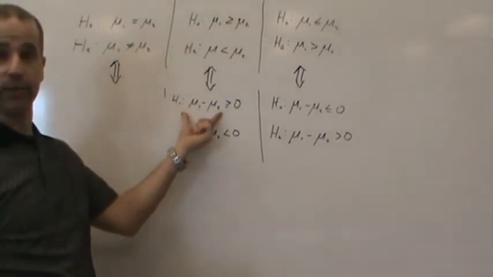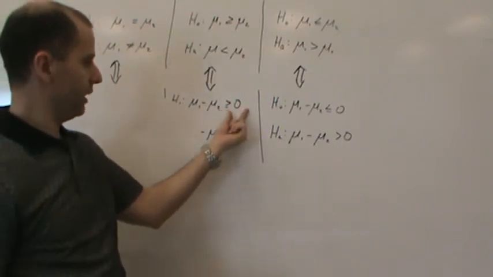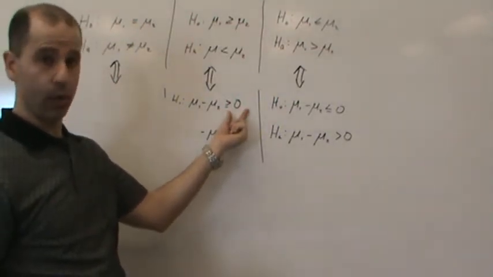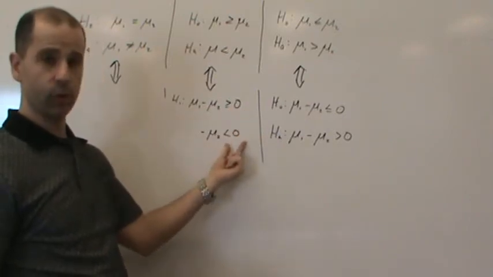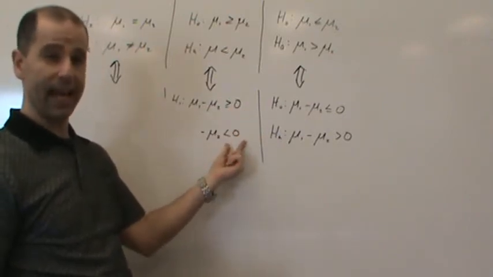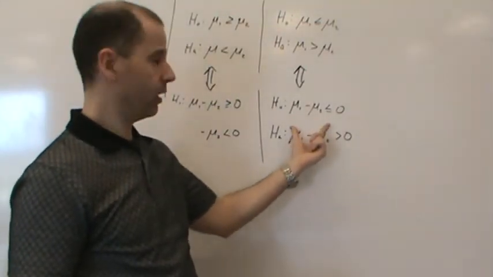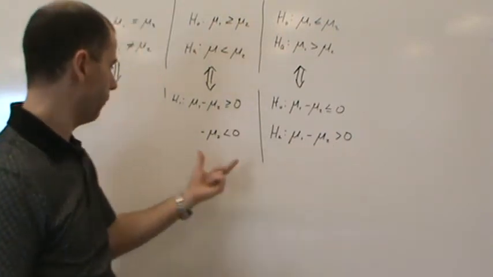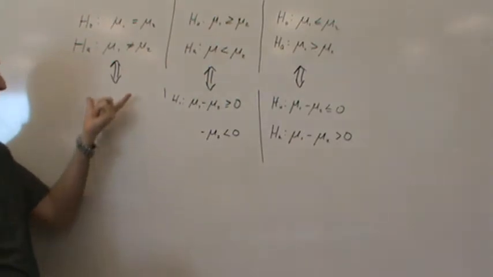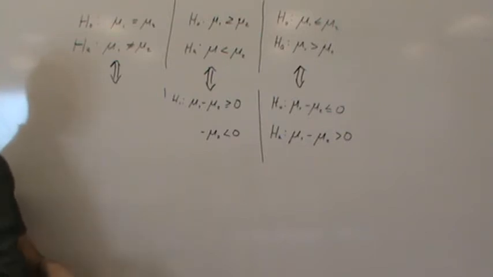Hence this is also a good way to write it, because this is testing whether the difference is equal to 0, which means there's no significant difference, versus it's less than 0, which means there is a significant difference, and in fact it's negative. Versus no significant difference versus there is a significant difference and it's positive. Versus the first one, equals versus not equals, which means a two-tailed test. It could be negative or it could be positive versus 0.